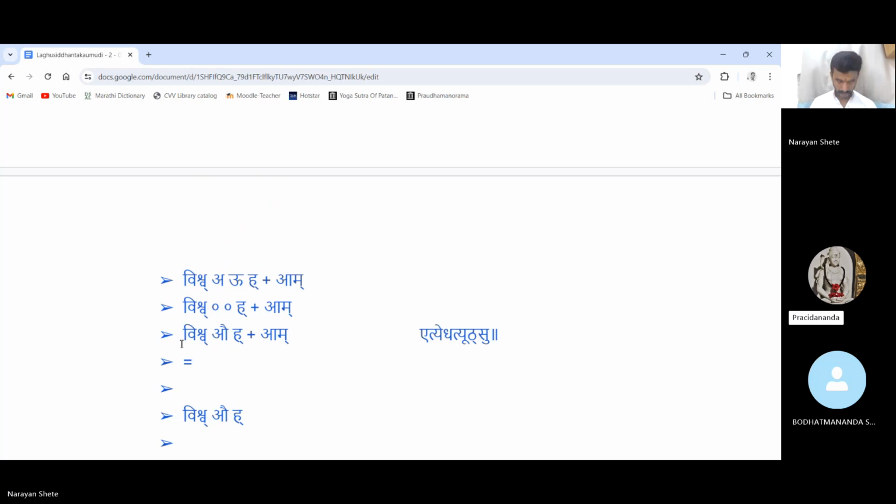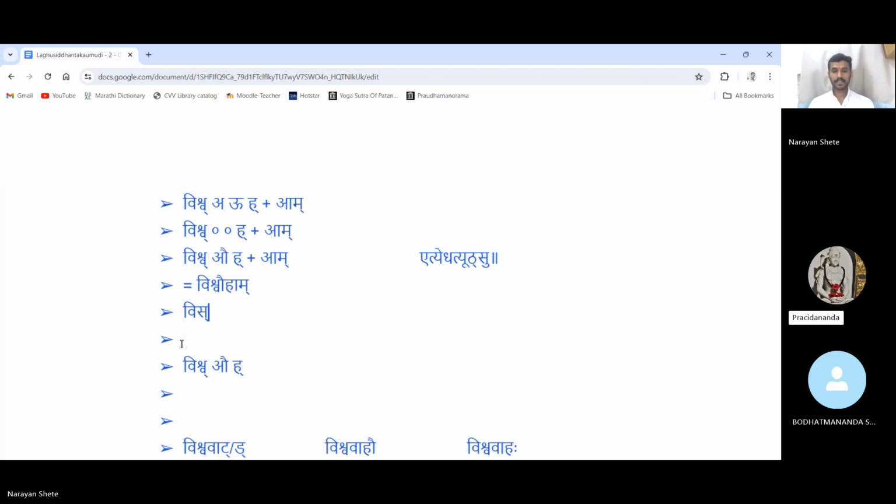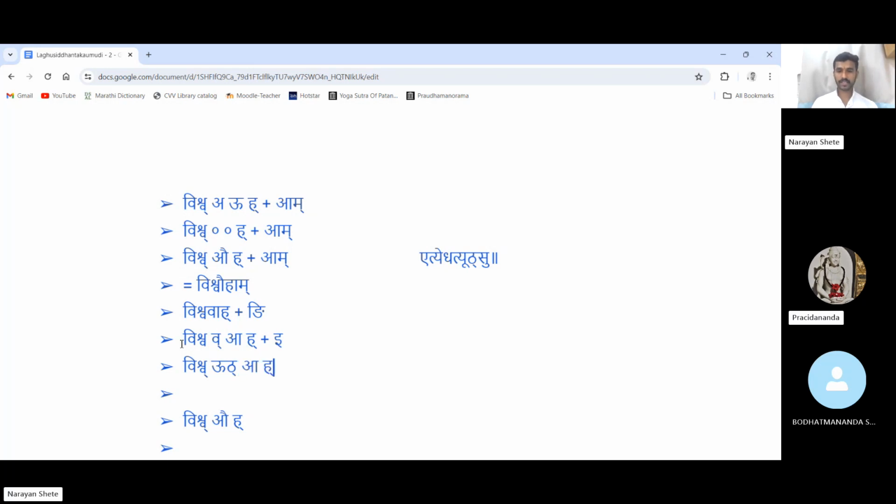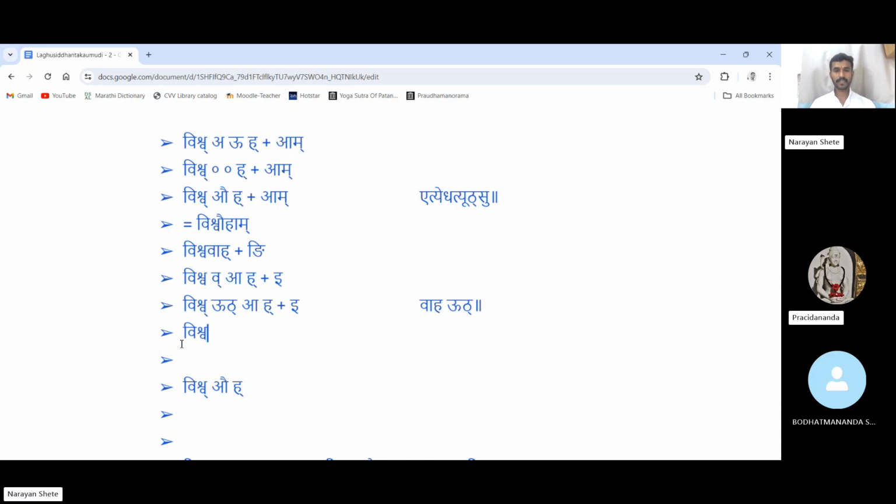Vishwa ham, ni so ukara, plus ukara by vaha ut, purva rupa.